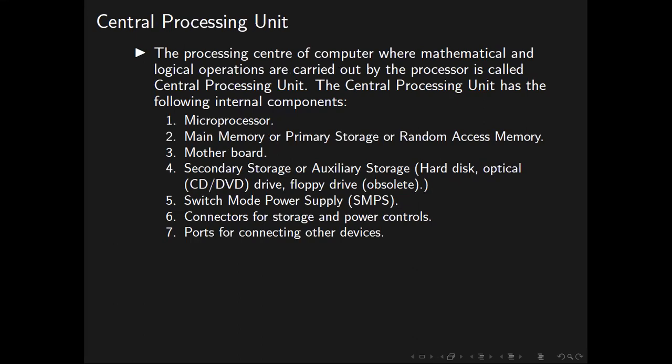Then we have the power conversion box. It's called the switch mode power supply. SMPS is the short form and we call it the switch mode power supply in the long form.